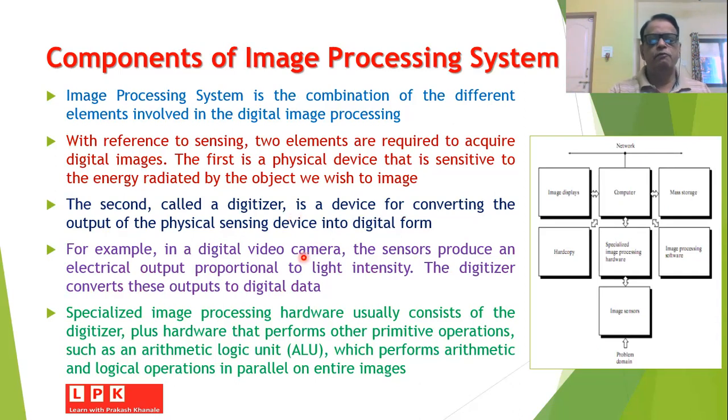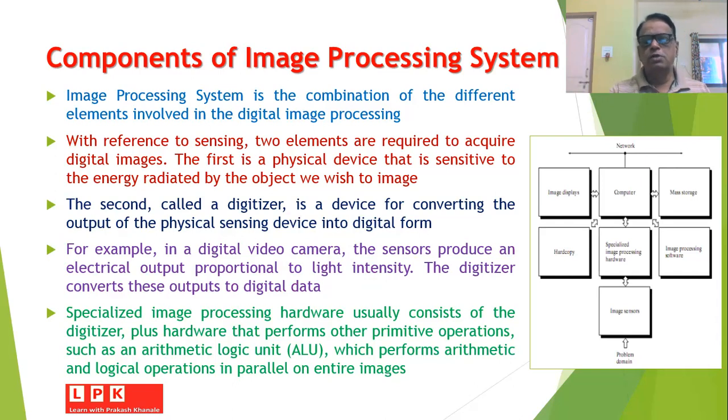Say, for example, we can have a digital camera or digital video camera. This will capture the image and produce an output proportional to the light intensity, and the digitizer will convert these outputs into the appropriate digital form.